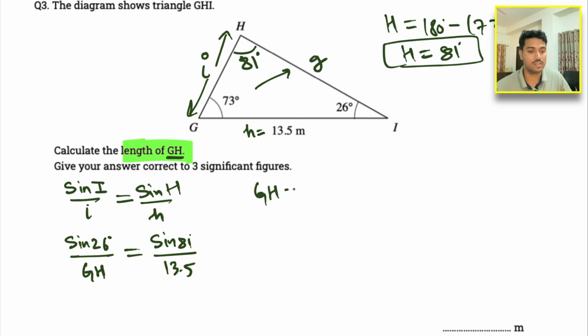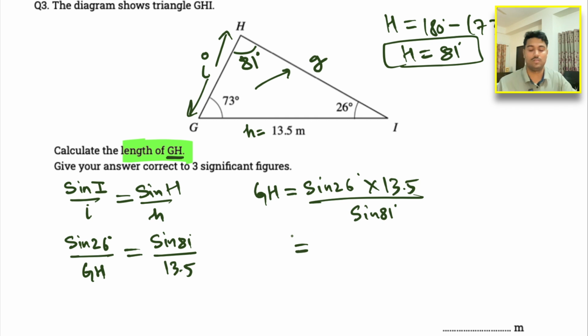So we can make GH the subject of the equation, and we can write sine 26 degrees multiplied by 13.5 divided by sine 81 degrees. So that is, let's do this in calculator, 13.5 multiplied by sine 26, which is this much, divided by sine 81, and the answer is 5.5991.